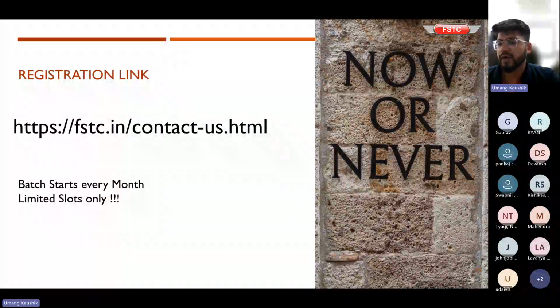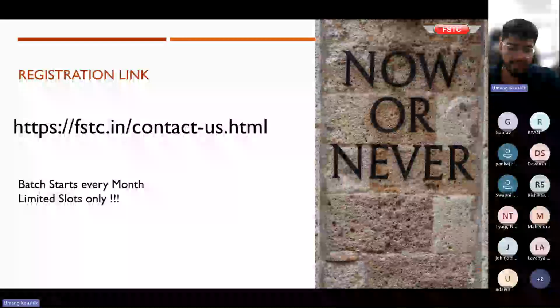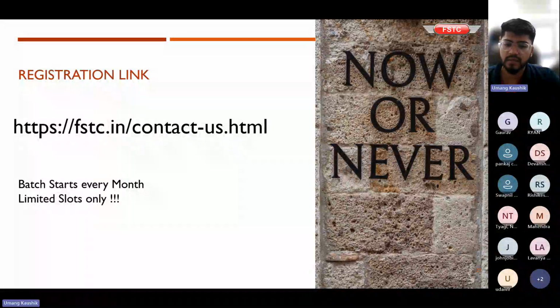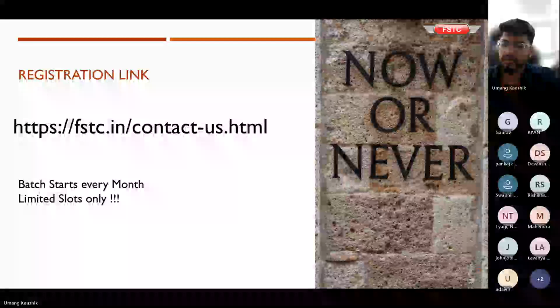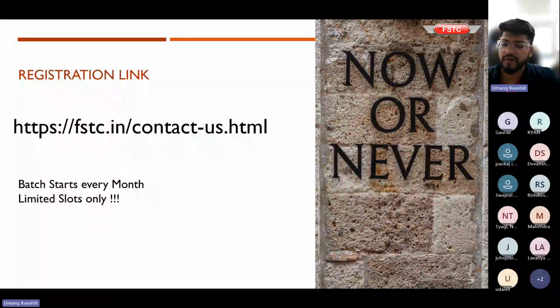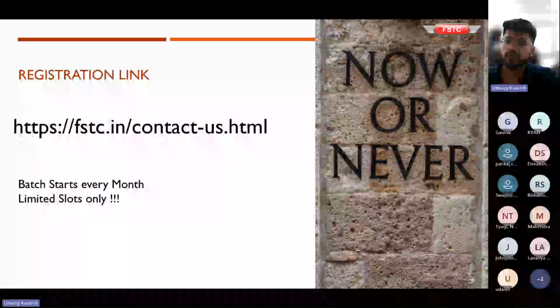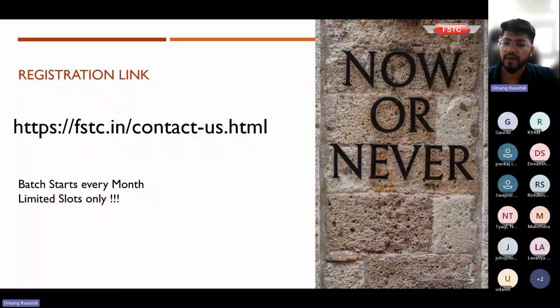Does FSTC provide accommodation? If they don't, then do you guys help us find some accommodation? Ryan, I'll ask you a question. Where do you live? Mumbai. Okay. So we have two simulator facilities, Ryan. One is in Gurgaon, another one is in Hyderabad.